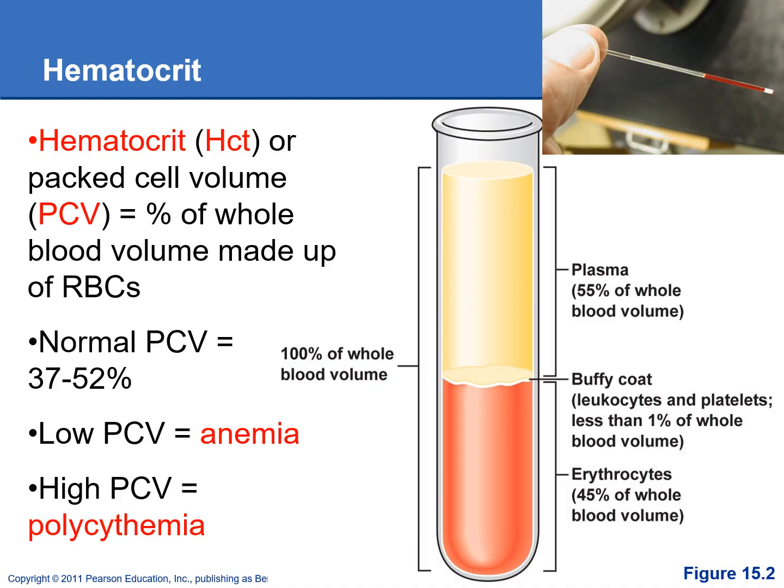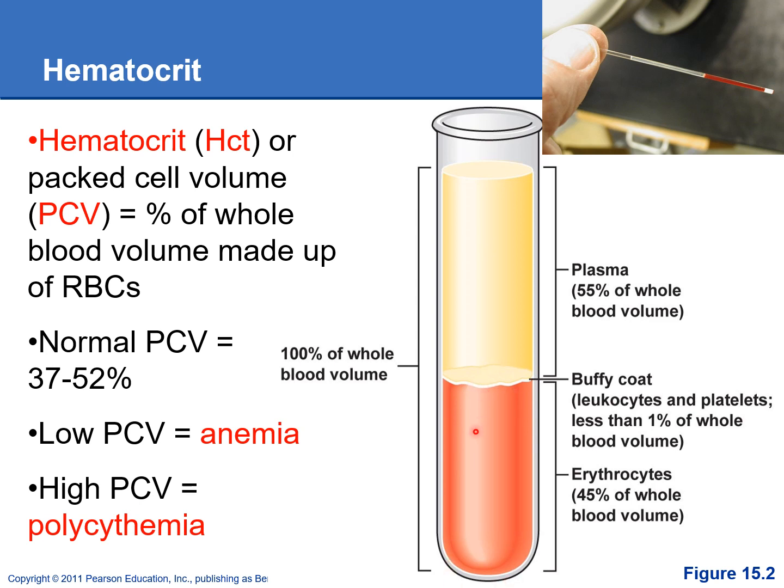All right, so another thing that we like to measure on patients with their blood would be the hematocrit or packed cell volume. What this is, is just the percentage of the whole blood volume that is made up of red blood cells. So if we look at this picture on the right, you can see that we've got the plasma here on top, and then on the bottom we've got all of the blood cells.